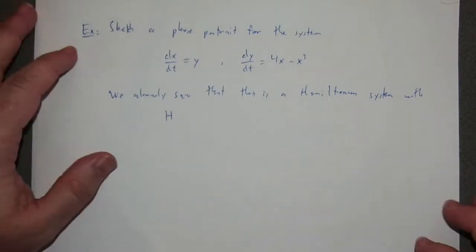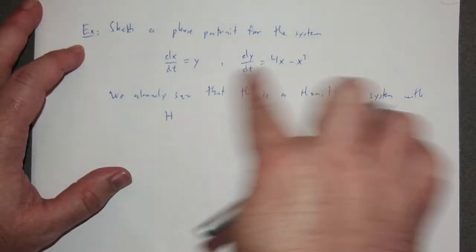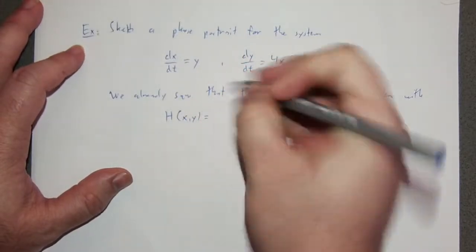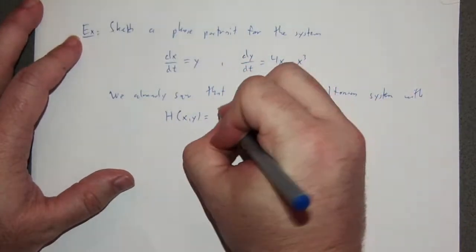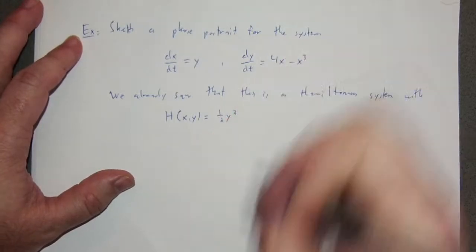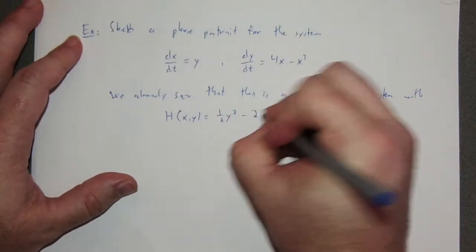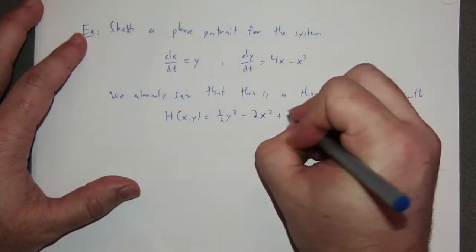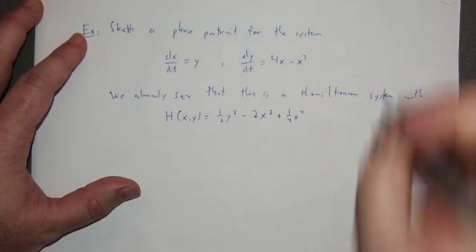Okay. So we have a Hamiltonian system with Hamiltonian h, which is 1/2 y squared minus 2 x squared plus 1/4 x to the 4th.